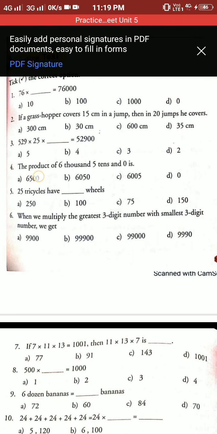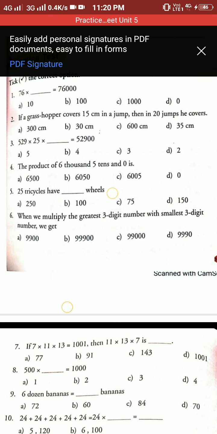Now next is the product of 6,000 5 times and 0. Listen to my point. When you multiply any number by 0, the product is always 0. That means our answer is 0. Don't be puzzled.